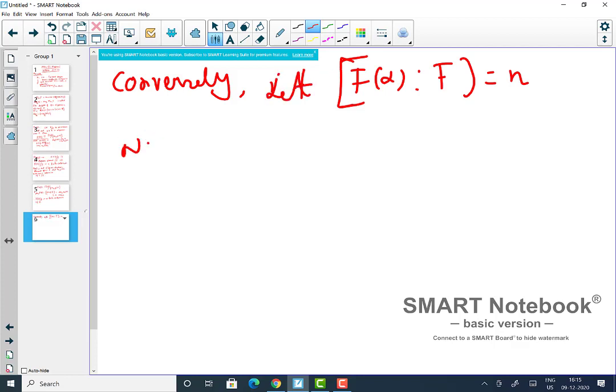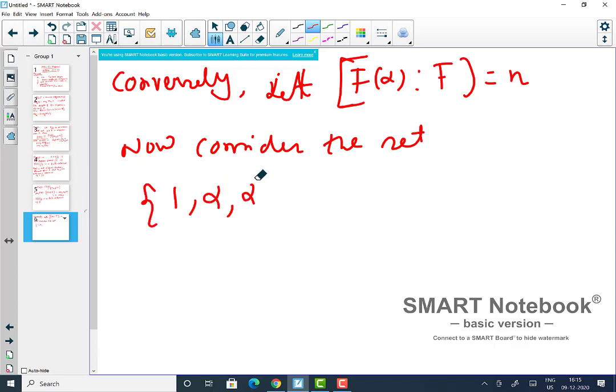So now consider the set. Let us consider the set S = {1, alpha, alpha square, ..., alpha power n}. This is a subset of F(alpha), right? Because F(alpha) is a field, so all the elements belong to F(alpha).